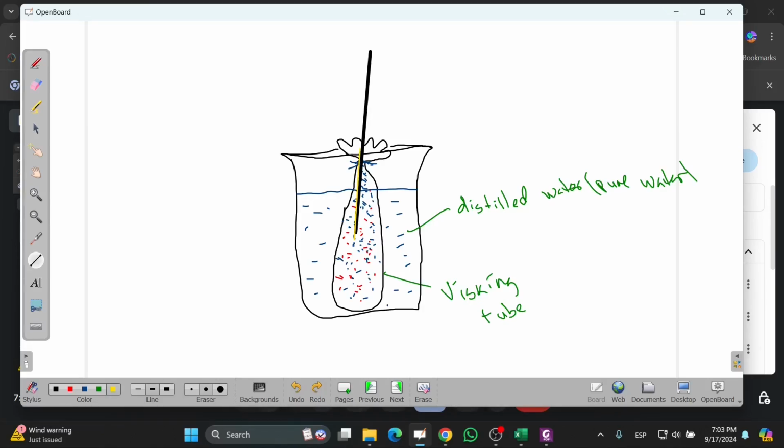Some of the sugar water will be moving up and up and up to a certain point. Let me say up to here, right? If we take a close look at the tubing, zoom, probably this is what you will see.